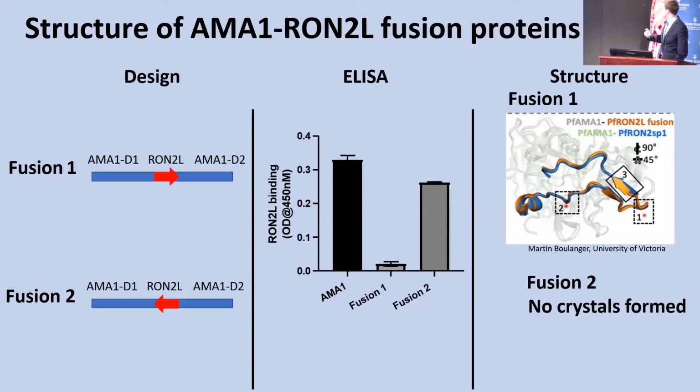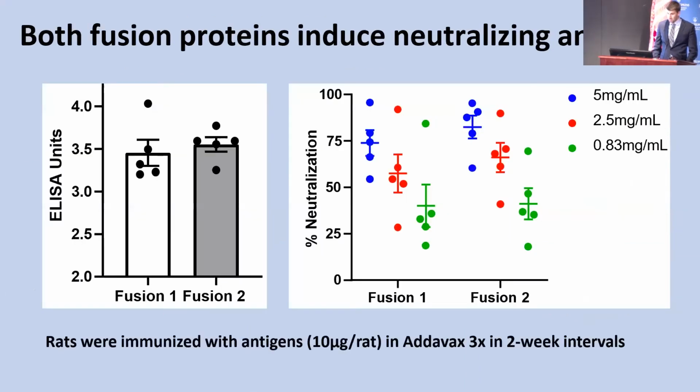And when we do X-ray crystallography of our fusion protein 1 and fusion protein 2, done with the gracious help of the Bloomberg lab at the University of Victoria, we see that fusion protein 1 forms crystals with a structure mirroring the AMA1-RON2L complex almost identically, besides a few angstrom differences at 2 specific points. Fusion protein 2, however, did not form any crystals, suggesting a more loosely held structure.